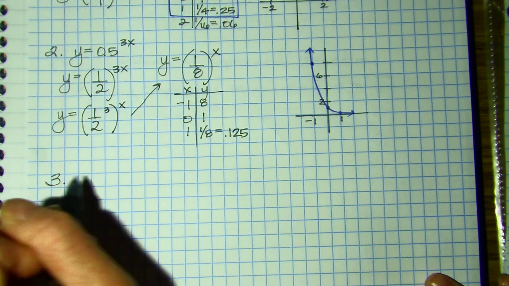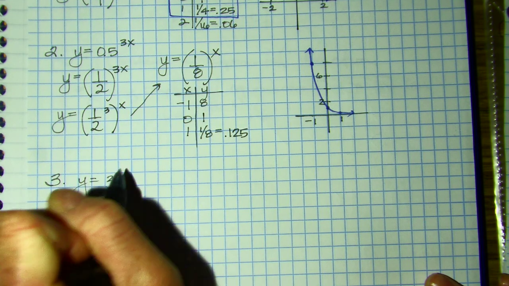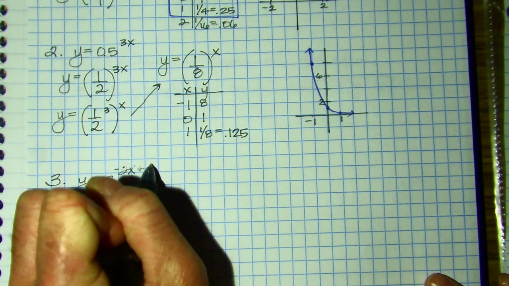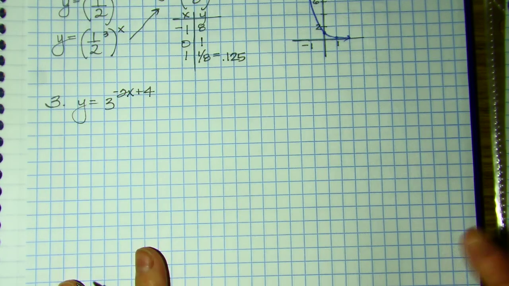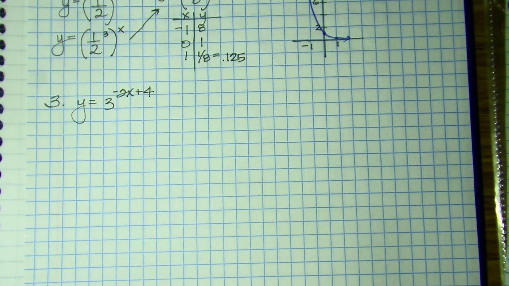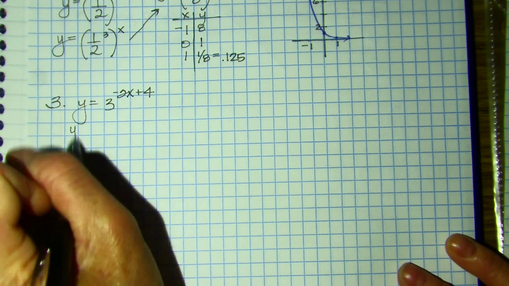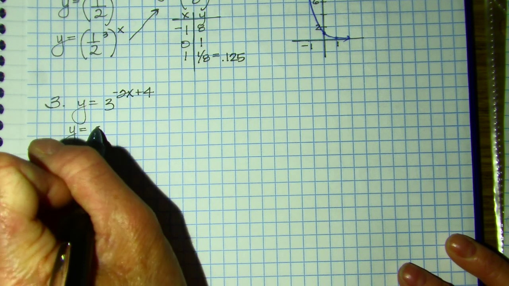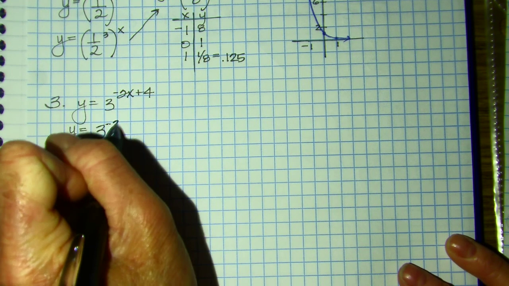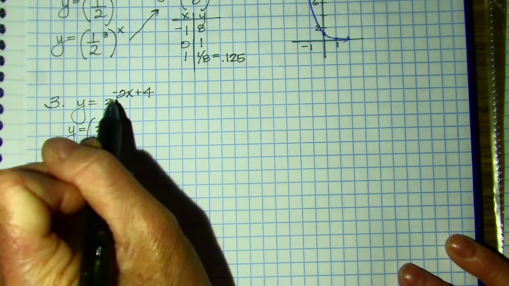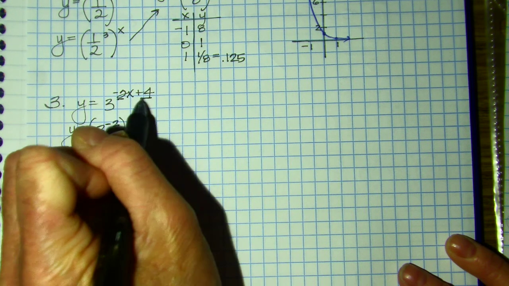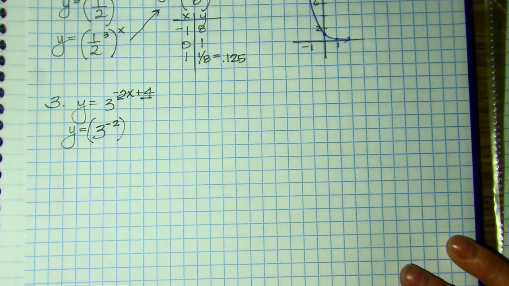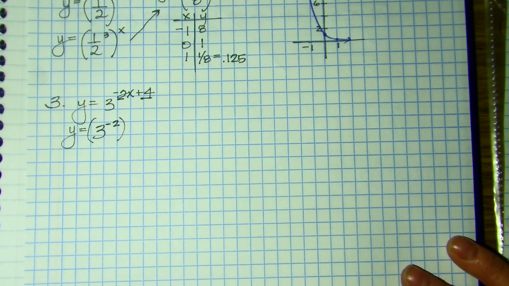Next one, y equals 3 to the negative 2x plus 4. So again, I want to put this in the simplest form possible. So I'm going to rewrite this to be 3, and I'm going to factor out a -2 because I realize that these have 2 in common, and it's always good to take out the negative that's in front of x.